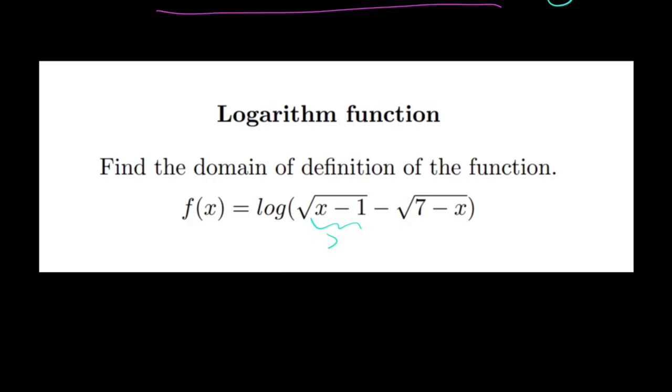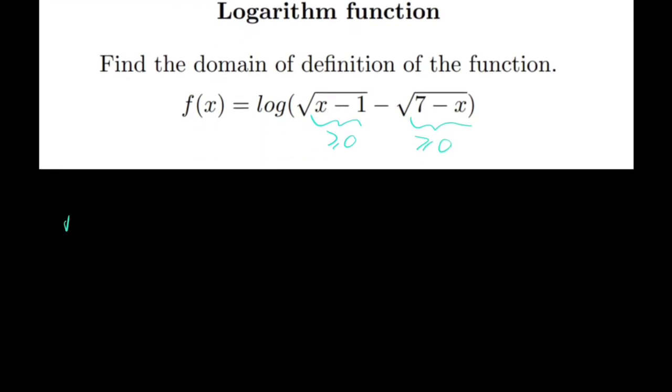We want this to be greater or equal to 0. And this, we want it to be greater or equal to 0. So we've got three conditions. The first one, x minus 1 greater or equal to 0, which gives us easily x greater or equal to 1.